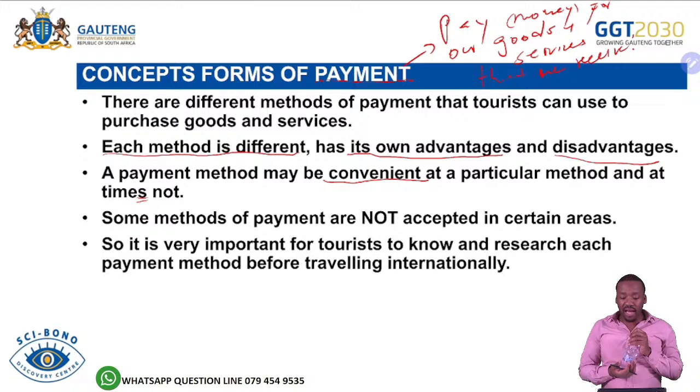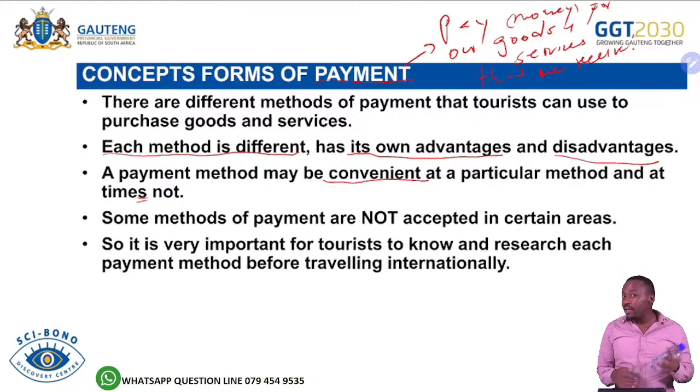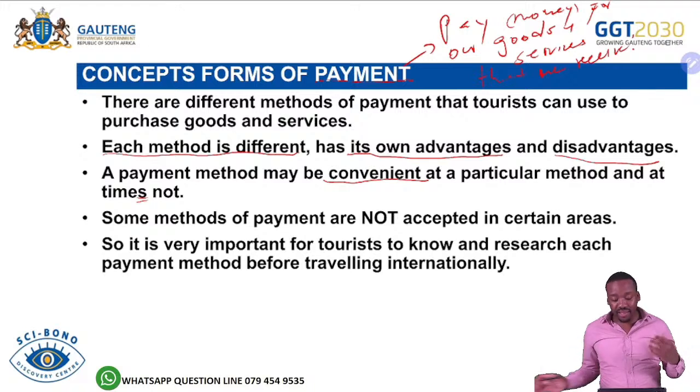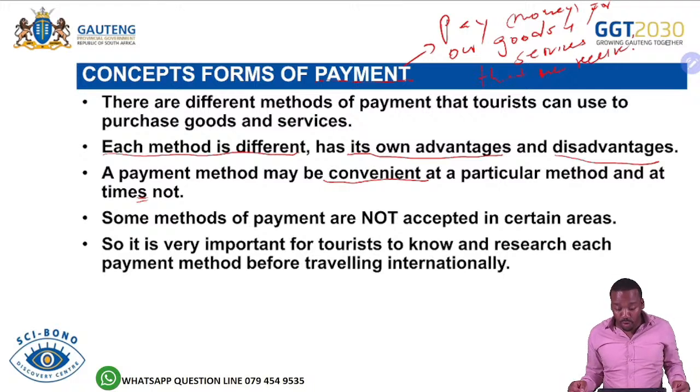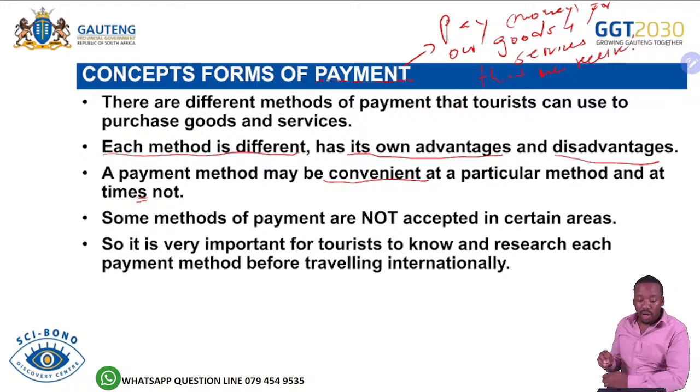Do you think I can just use a credit card for this, or I can just take out my 20 rands and buy this? Another instance is if you need to buy a meal for 100 rands, which method would be best, cash or credit card? Remember, here I'm talking about the convenience of each payment method.